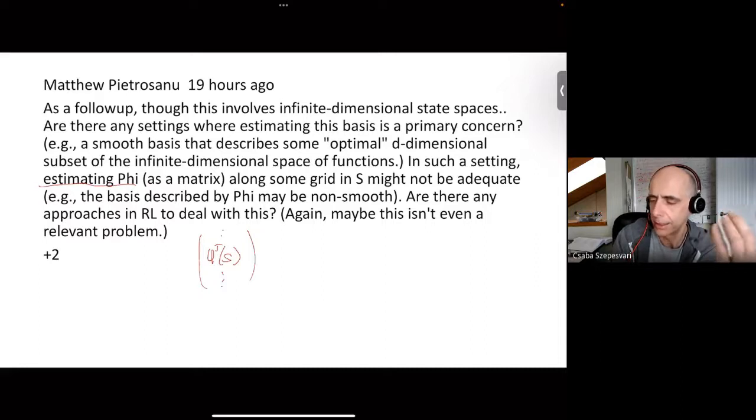There is nothing much to be read into that. This has to have two finite dimensions. The number of rows in this matrix could be as large as you want. Then it's just viewed as an operator, or it's viewed as the function itself that maps the states to k-dimensional vectors for every state.